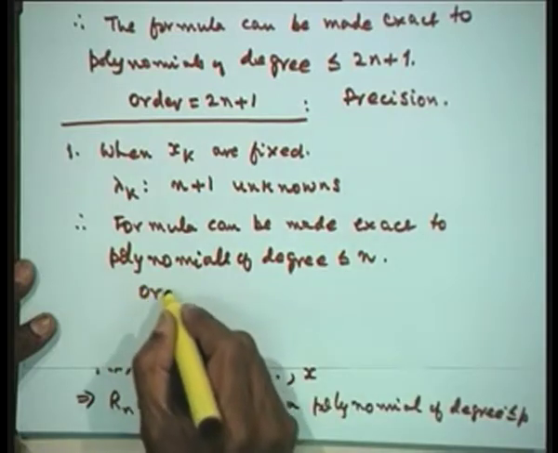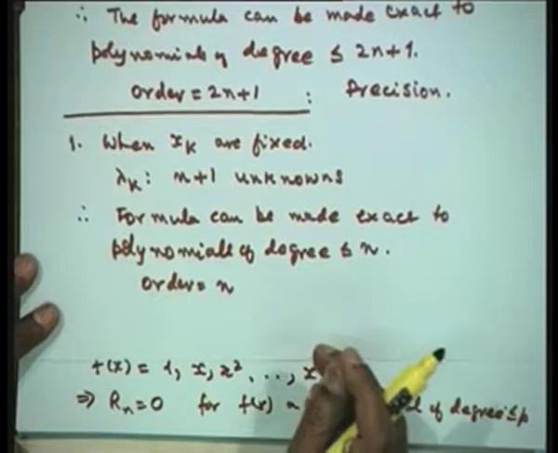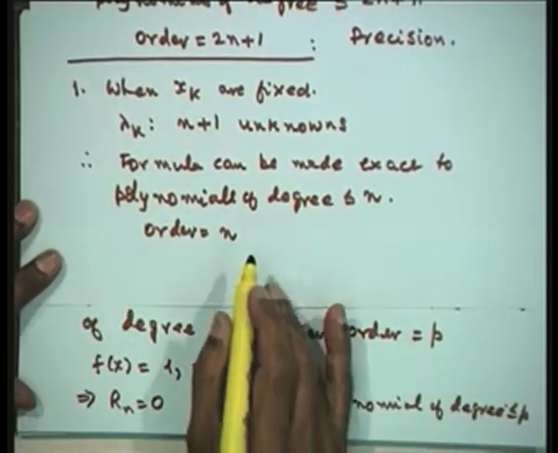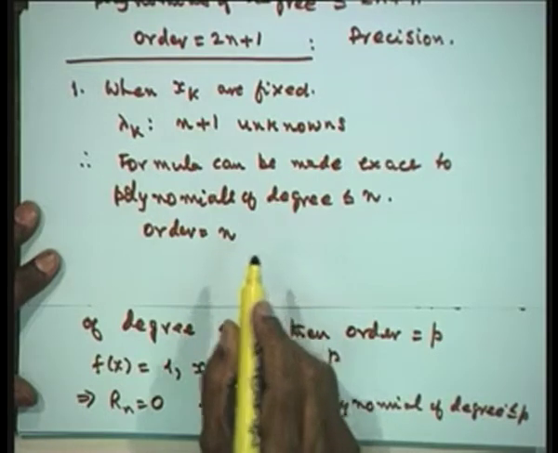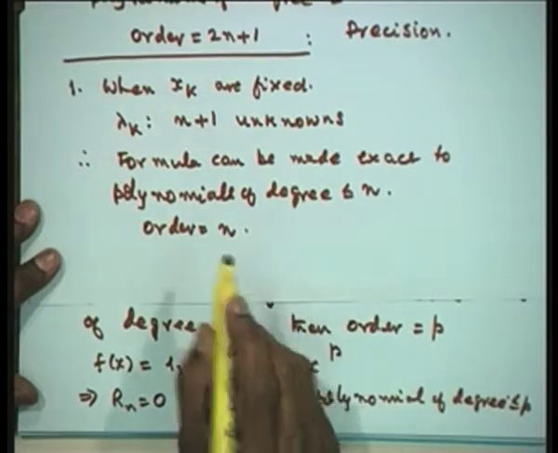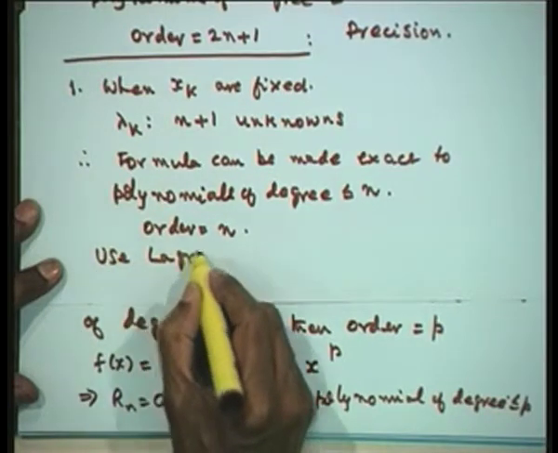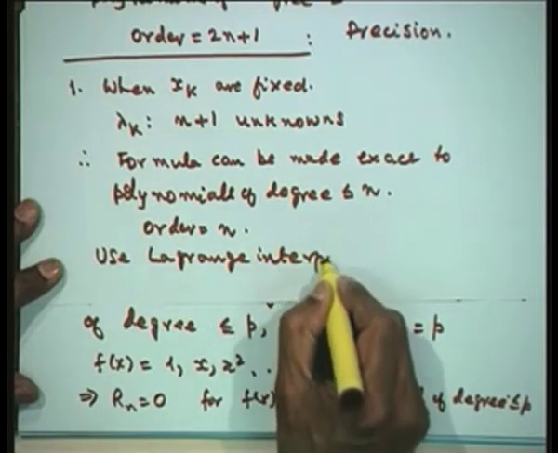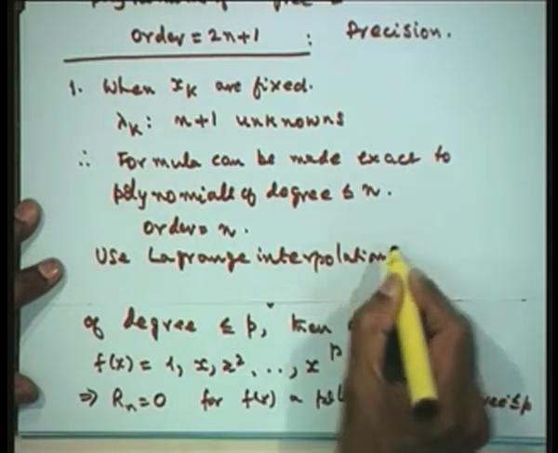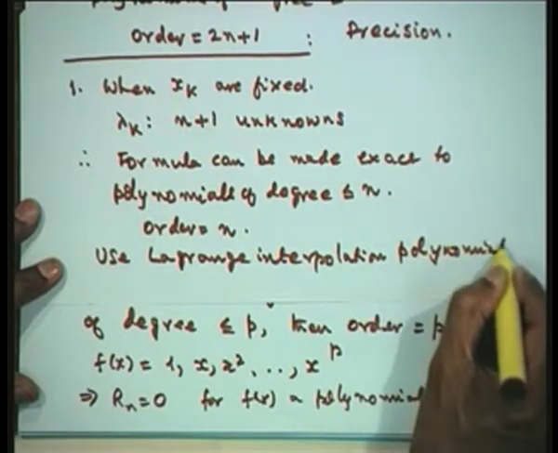That means the order of the formula can be made equal to n. Now, once you say that x k's are fixed, then we can immediately say that we can use the Lagrange interpolation formula. Therefore, use the Lagrange interpolation polynomial for f x.